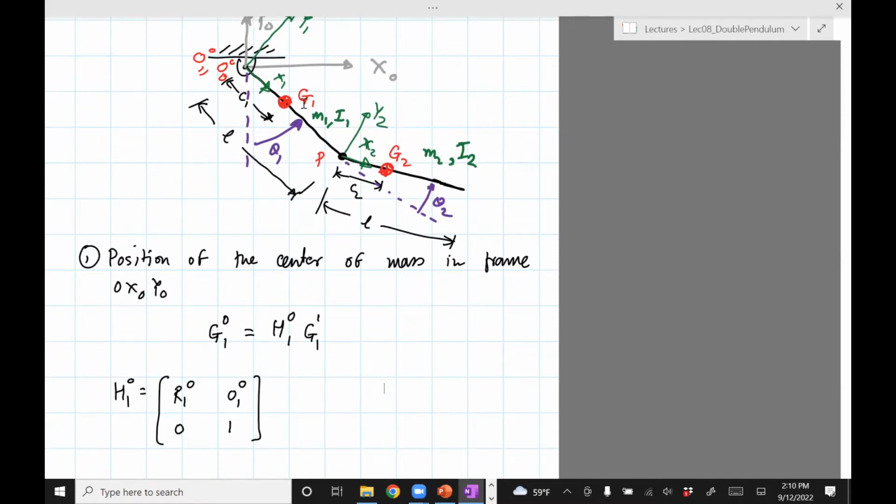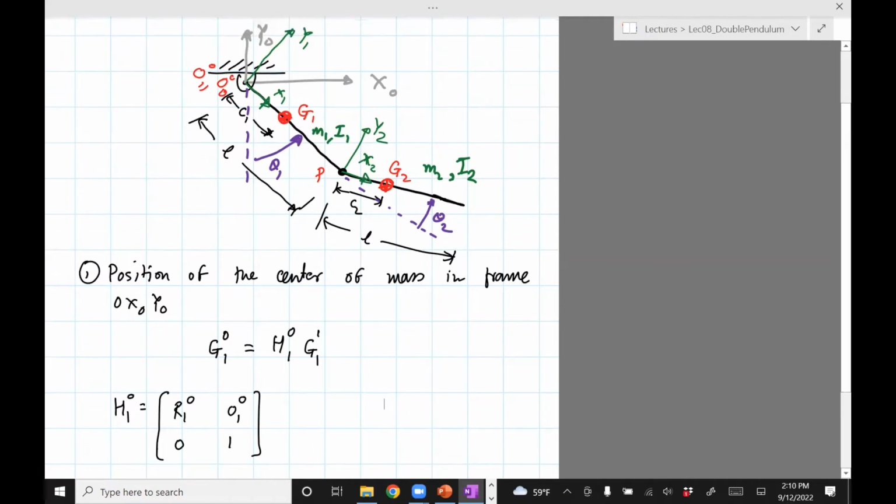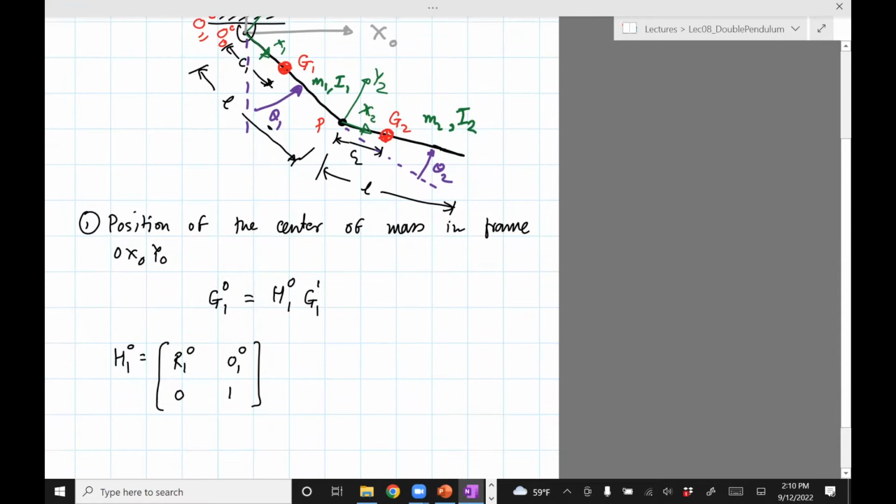Now, in this case, in the derivation, if you remember long time back, the angles are always defined with respect to the frame, to the x0 axis. So here, if you see, this θ1 is not quite about the x0 axis. It is about the negative y0 axis. So I need to find the angle with respect to the x0 axis. So you see this. This is x0. The pendulum is like this. This is θ1. So I need to find the angle from here. And so it should always be the angle with the positive x-axis.